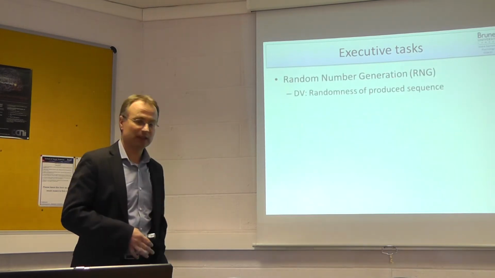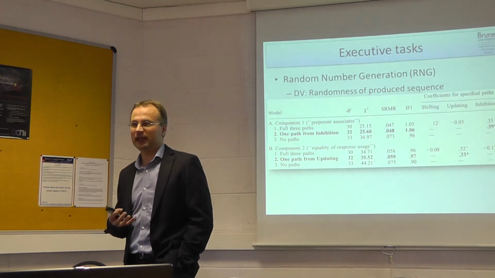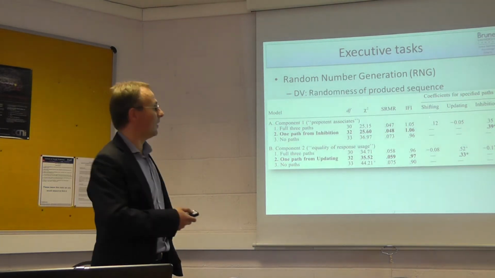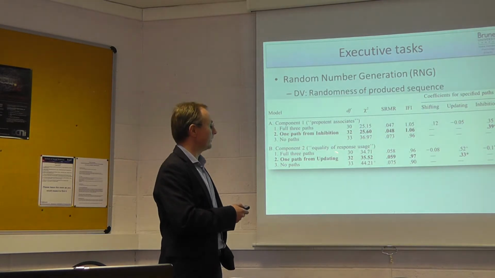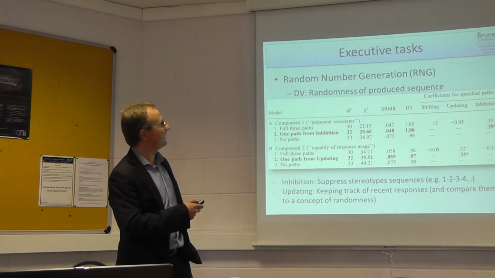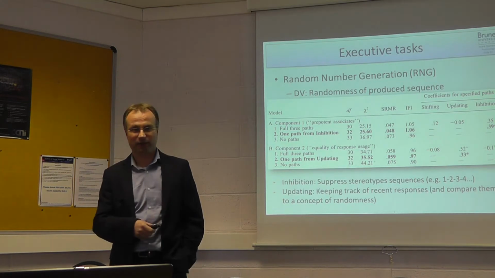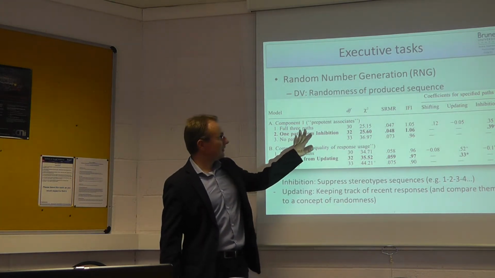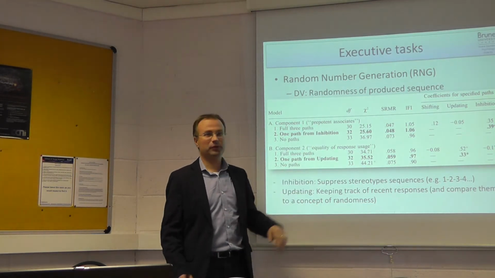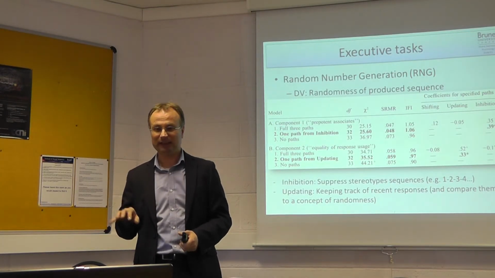Random number generation, it's the randomness of the produced sequence they investigated. And here they found two paths which are important, one from inhibition and one from updating. Well, that's for two different aspects of this randomness. Inhibition is important in this task, most likely to suppress stereotype sequences: 1, 2, 3, 4, 1, 2, 3, 4, 1, 2, 3, 4, something like that.